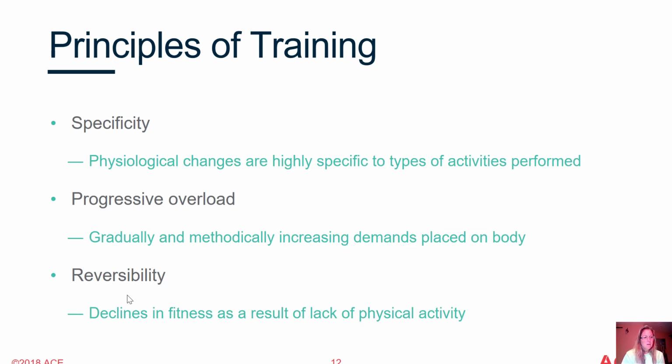Progressive overload is gradually and methodically increasing demands placed on your body. Obviously, if I start by lifting 5-pound dumbbells in a class and I continue to lift 5-pound dumbbells for the next 6 months, I'm not going to see any physiological changes.